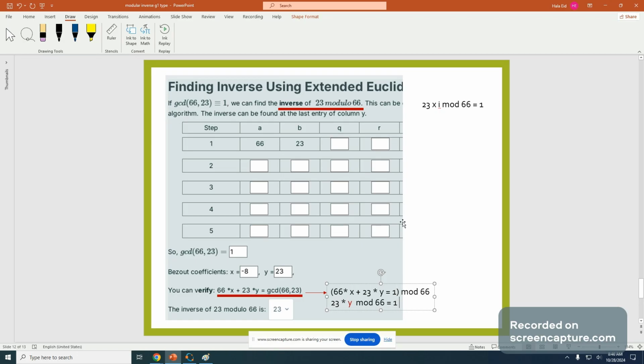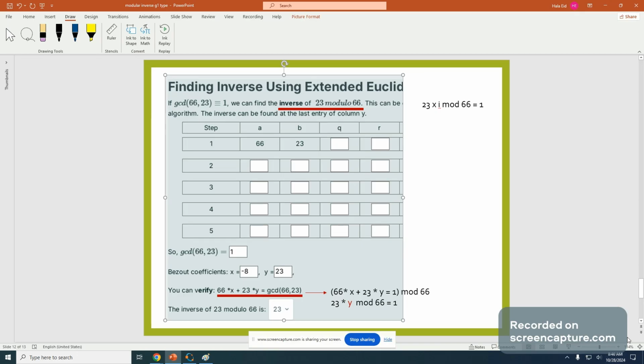Now, going back to the definition and comparing both, I'm thinking of a number that if I multiply it by 23 and find mod 66, the answer is 1. This is going to be the inverse. So in this case, my inverse is the number which I multiply by 23, which is the y. Whenever they ask you to find the inverse of a certain number, how can you find it? Go to the equation and see this number, what it is multiplied by. This is going to be its inverse.